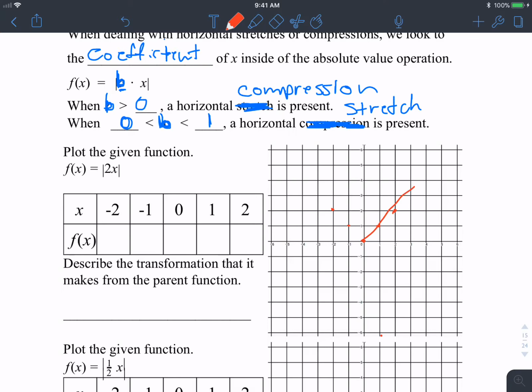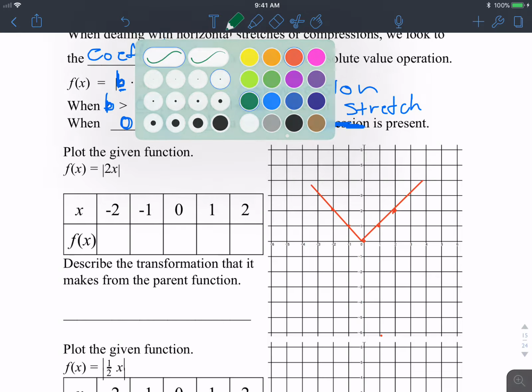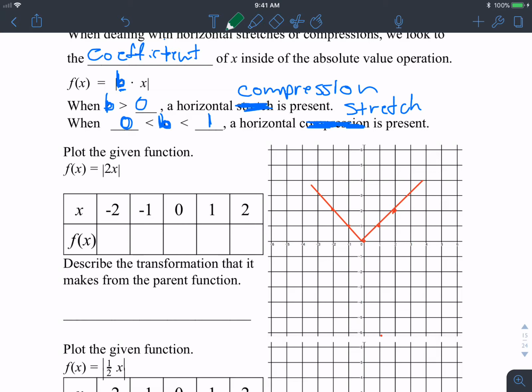And we can see our parent function right here. Now let's plot our points. So at 0, we have 0 times 2, the absolute value of 0 is 0. And then if we put in positive 1, we have 2 times positive 1, the absolute value of 2 is just 2.